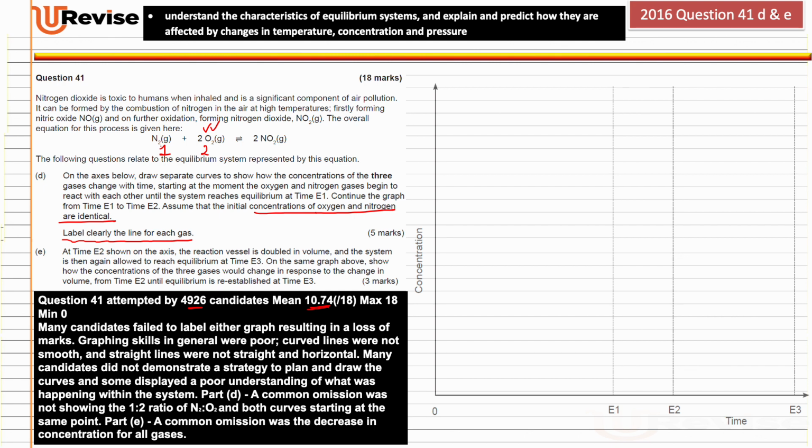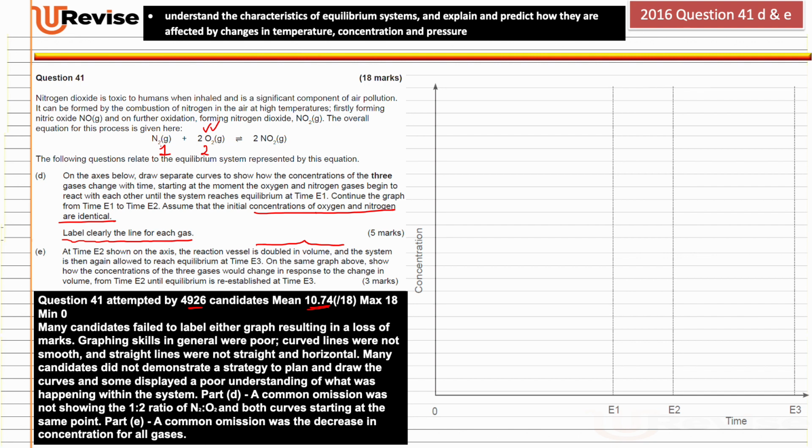In part E, a common omission was the decrease in concentration for all gases, which is what the examiner was saying when they said students did not show an understanding of what was happening in the system. When we double the volume of a vessel, we are decreasing pressure, and by so doing the concentrations are going to be forced to go down as well.